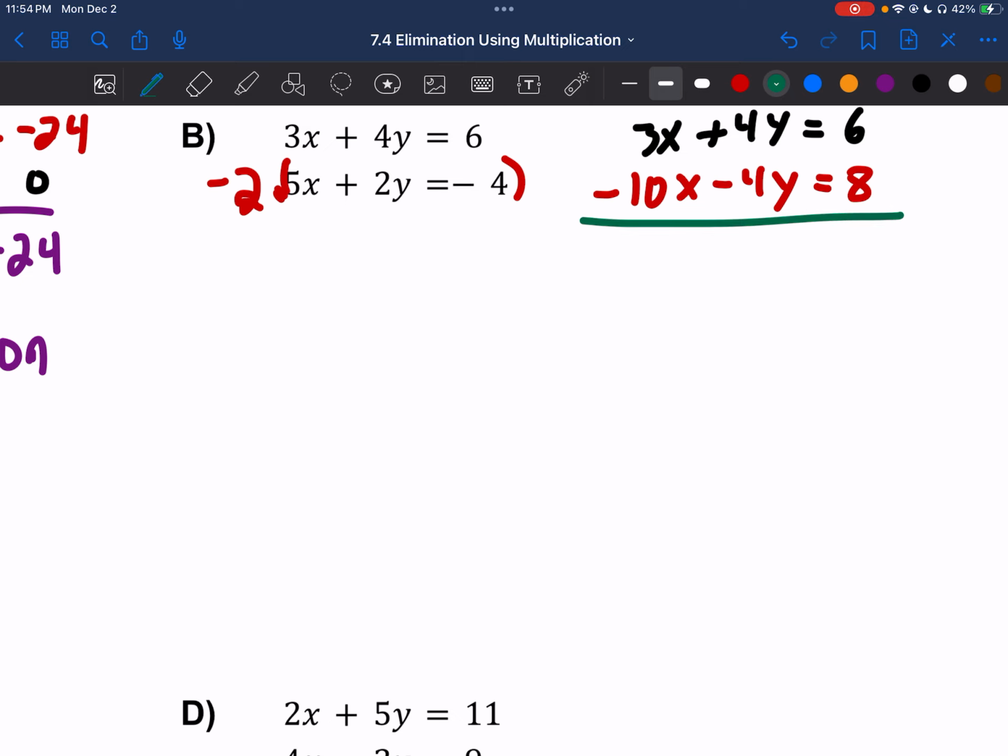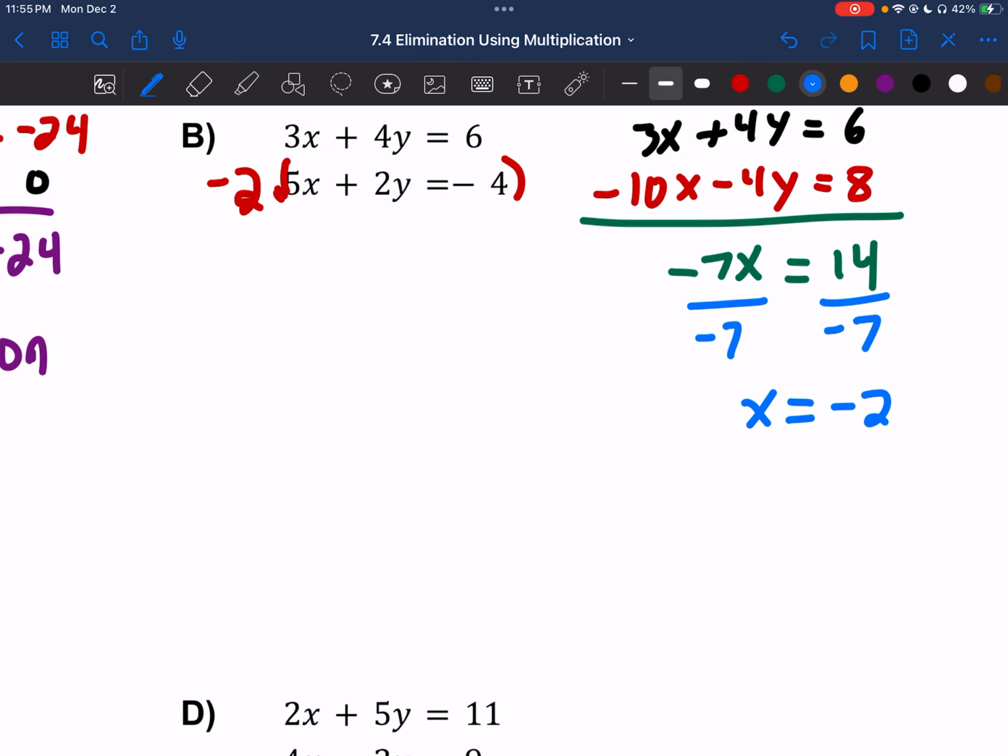Now we want to add these two equations together. 3x plus negative 10x is negative 7x, equal to 8 plus 6 is 14. Divide by negative 7, and we get x is equal to negative 2. I'm going to substitute that back in, and I'm going to put it in the top equation.